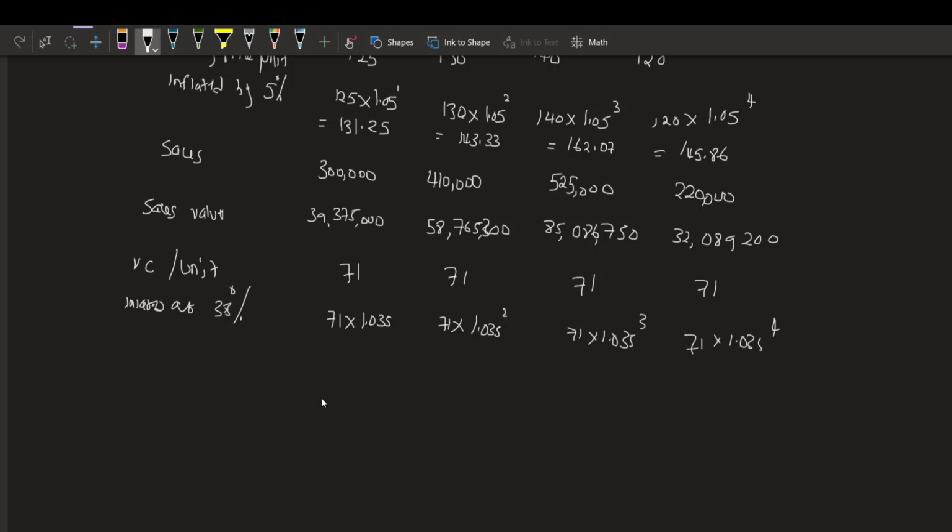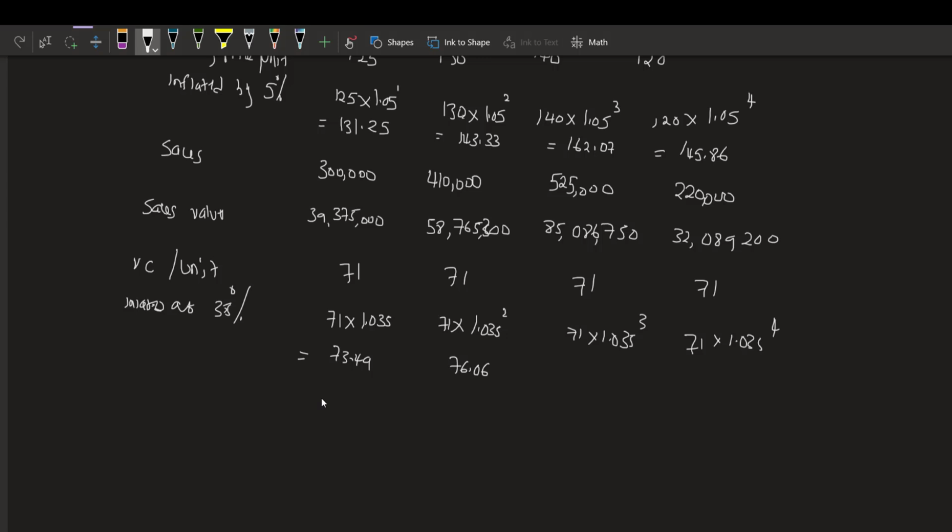After that, go ahead and multiply. The first one, the inflated variable cost, will be 71 times 1.035, we get 73.49. The next one we get 76.06.